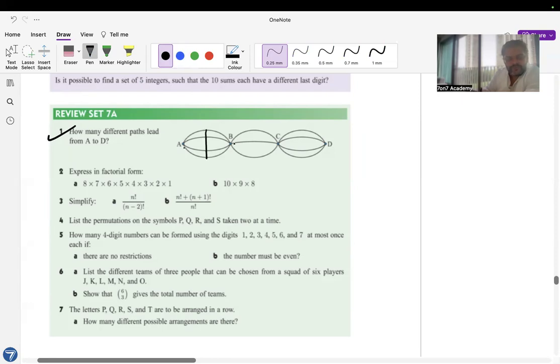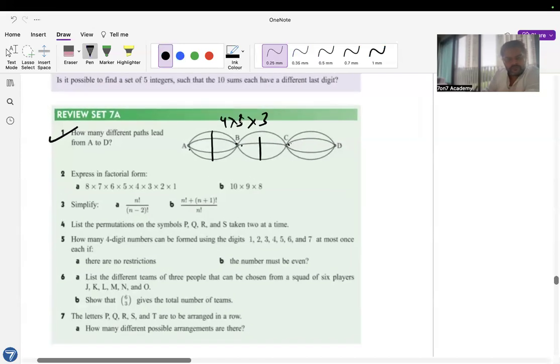How many ways can you reach A to B? 4, B to C 3, C to D 3. So that's how you have to do it. Suppose you're going from here to here, then to reach here to here you have 4 ways, no? 3 ways. If you're going this way, then again you have 3 ways. So you multiply all of them.